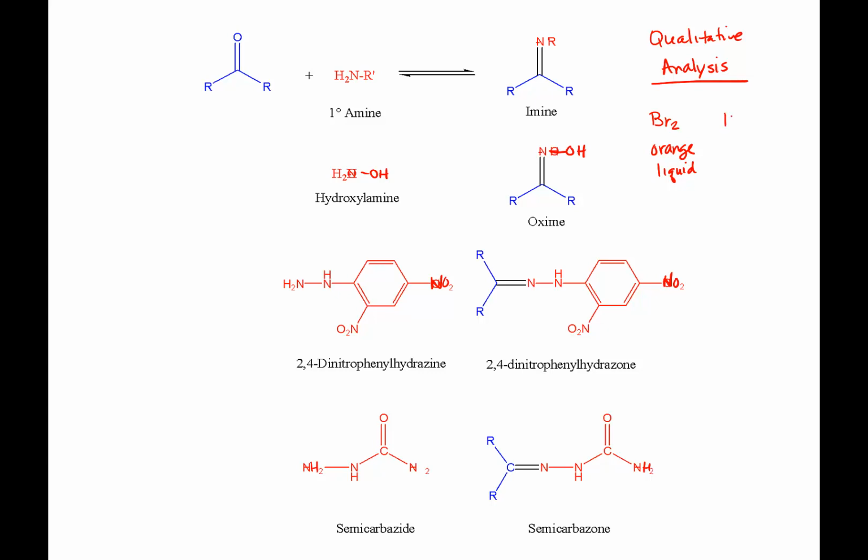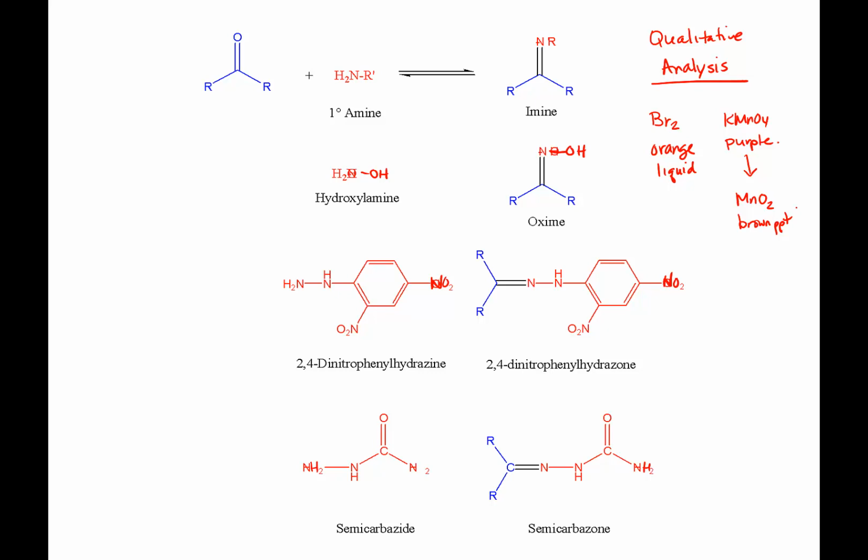We can also think about KMnO4. Think of what you did in the lab. KMnO4 is a purple solution. When it oxidizes something, it forms MnO2, which is the brown precipitate that we saw in our lab when we did part B of the benzocaine synthesis.